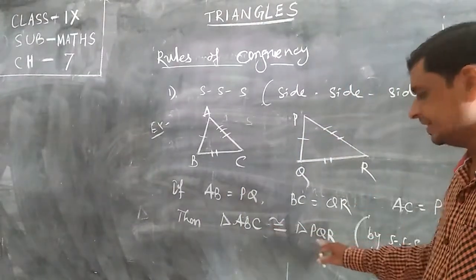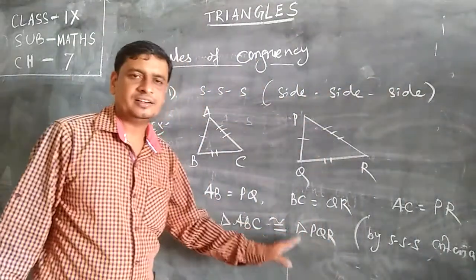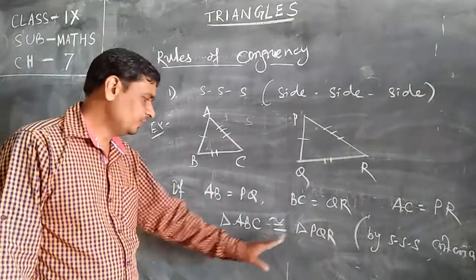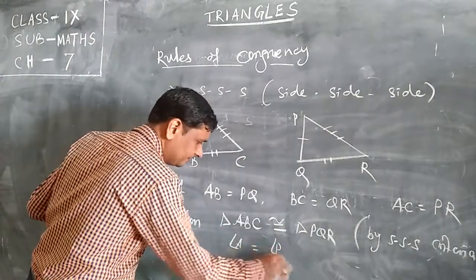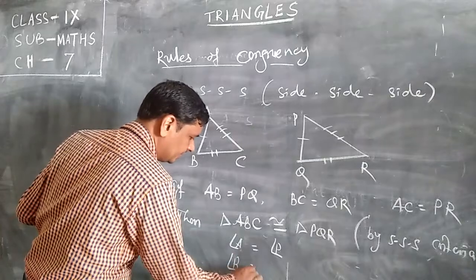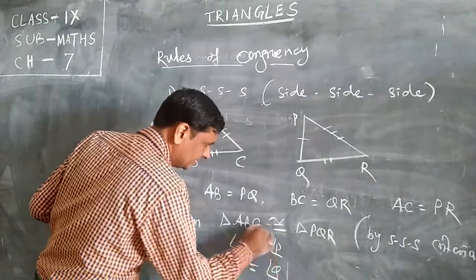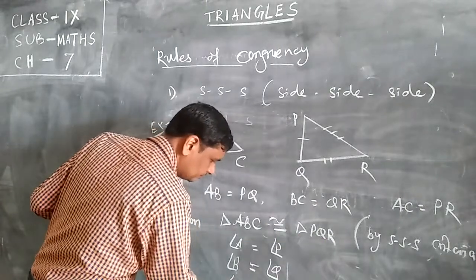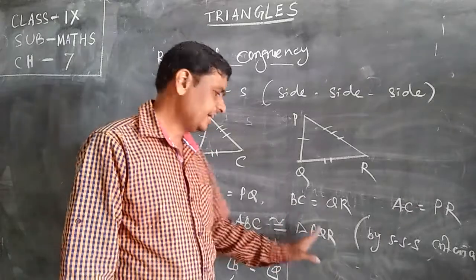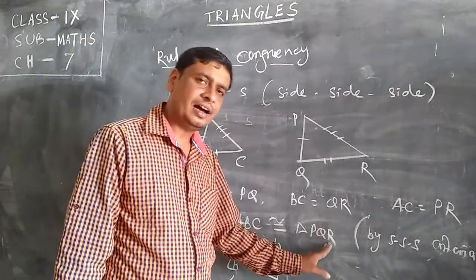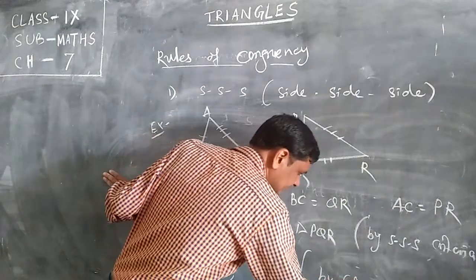Here triangle ABC and triangle PQR are both congruent. Since they are congruent, we can write angle A equals angle P, angle B equals angle Q, and angle C equals angle R, by CPCT.